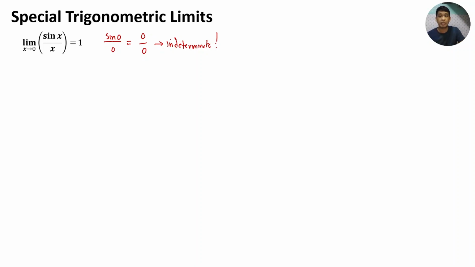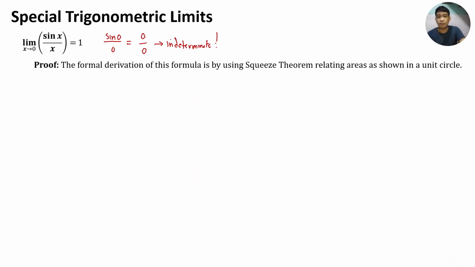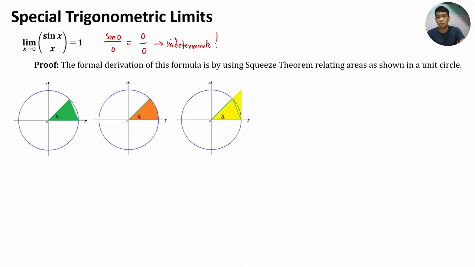So, anong gagawin? Pwede tayong gumamit ng table of values tulad ng ginawa natin last time. Pero dito, pwede natin siyang i-derive gamit ang Squeeze Theorem, relating the areas as shown. Since this is a unit circle, alam naman natin that a unit circle is a circle of radius 1. So, this distance from this center O to this one is 1.